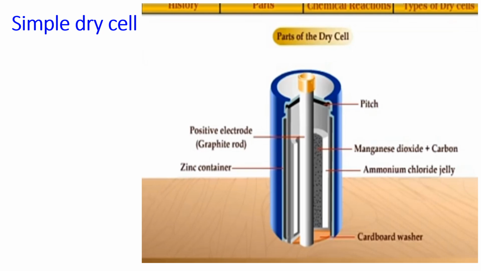Then we have the carbon washer, the pitch, and the positive and negative terminals. We have the insulating thick paper to cover the internal part of the dry cell, the brass nut, which is giving us the positive, and then the negative on the carbon black.